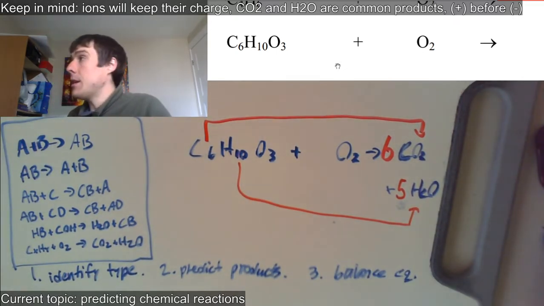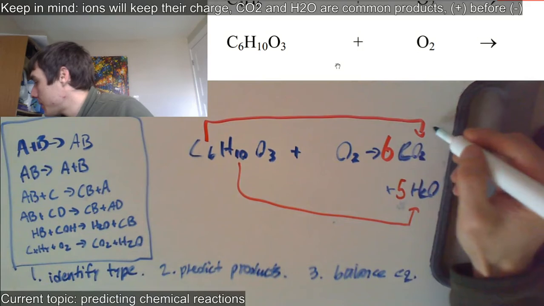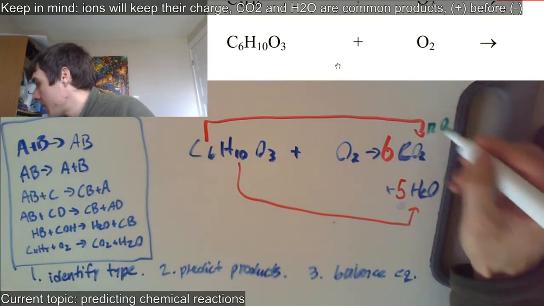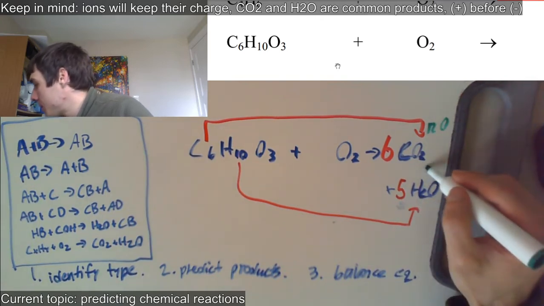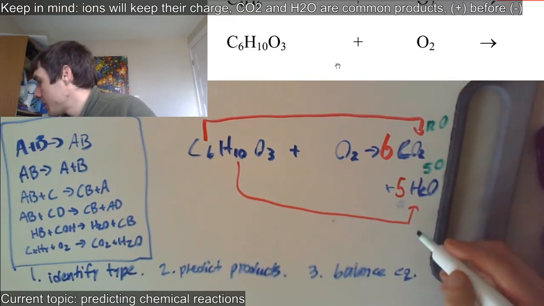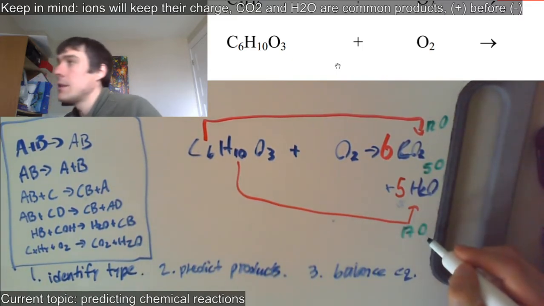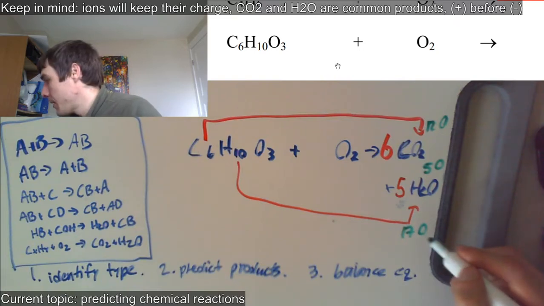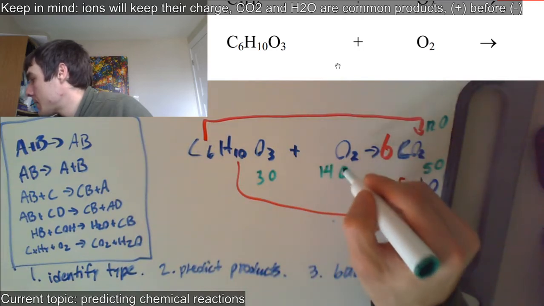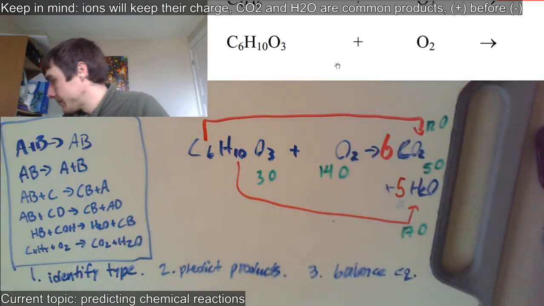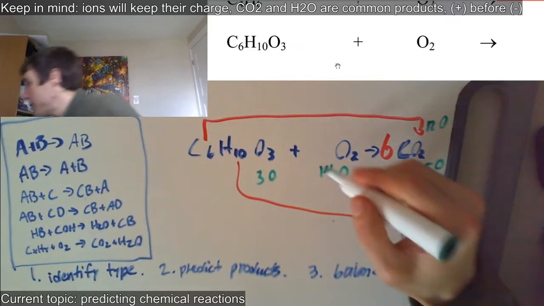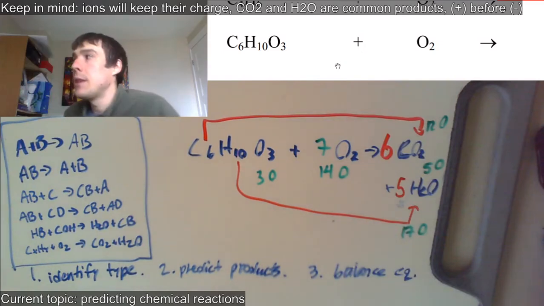Let's do our oxygens. There are 12 oxygens in the CO2. And there are 5 oxygens from the H2O, 12 and 5. So total is 17 oxygens on this side. 3 of those oxygens are over here, so we need 14 oxygens with our O2, because 17 minus 3 is 14, which means that we need 7 of these to make it work.